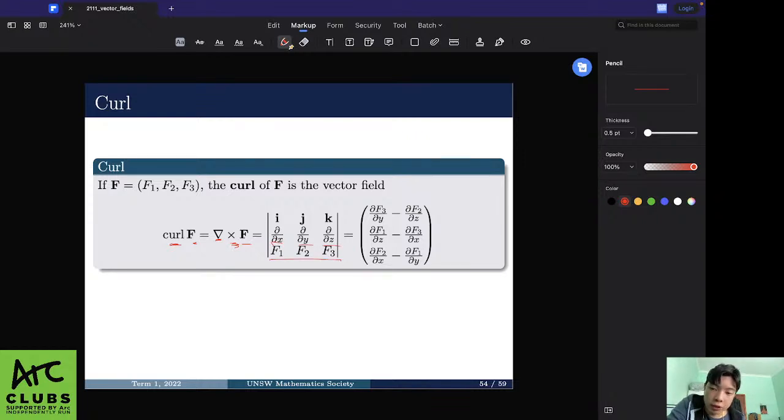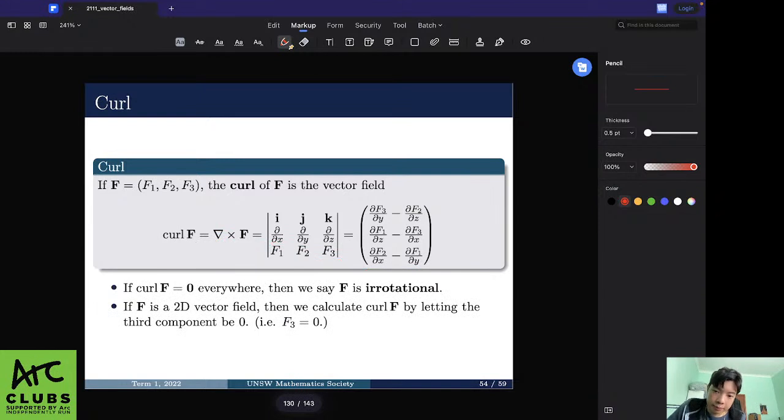And if we evaluate this cross product, we should be able to get the curl right here. Similar to the divergence, if the curl of f is the zero vector everywhere, then we call it irrotational.